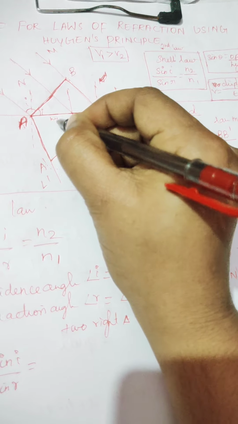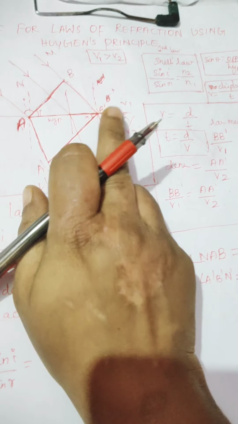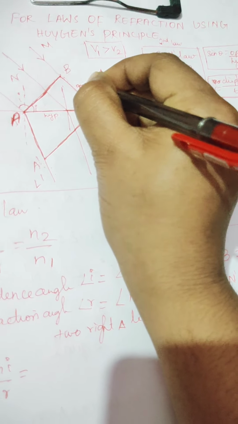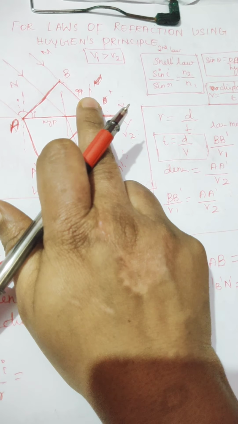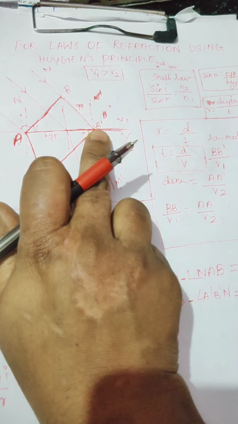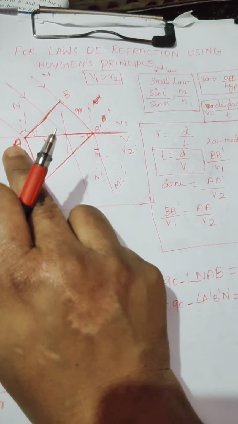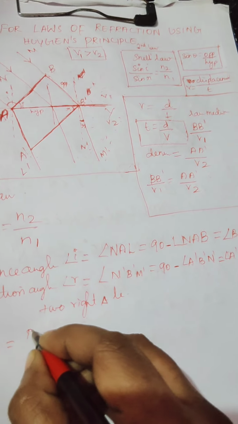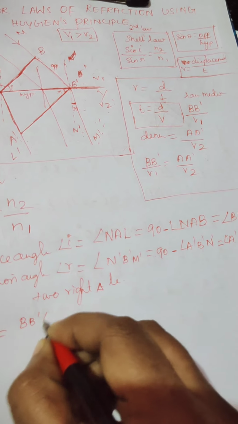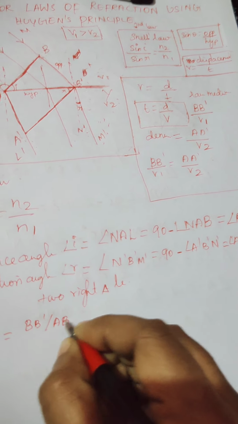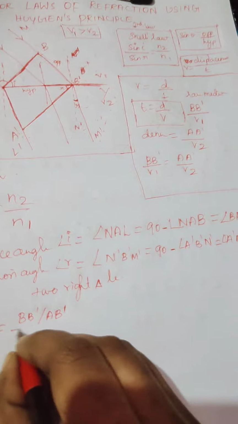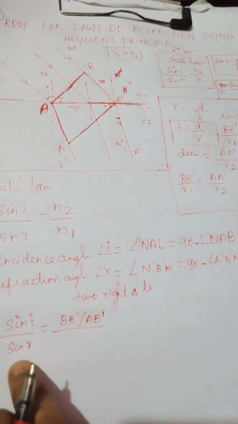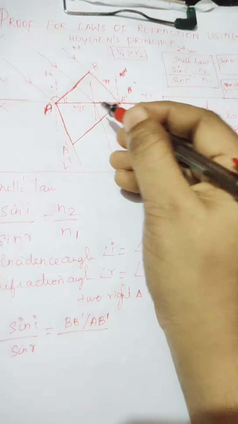This one is the hypotenuse and this one is the opposite. So B dash by A, B dash. I'll write here B dash, A, B dash, and divided by, for sin R now, this triangle.